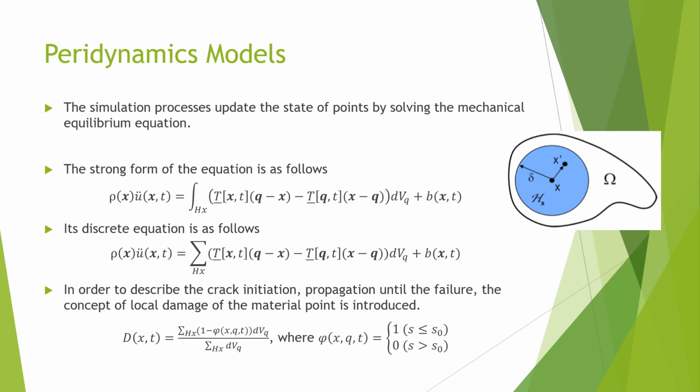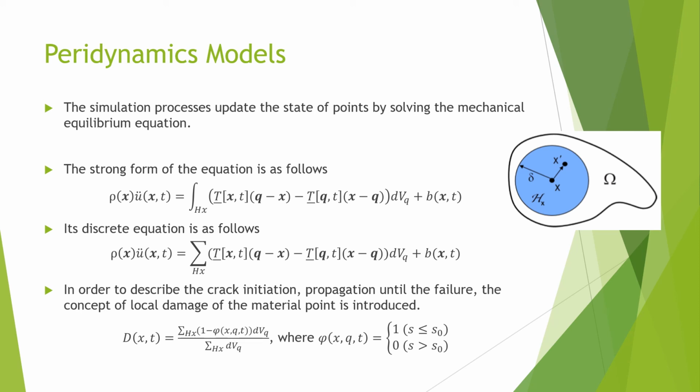In order to describe the crack initiation and propagation until the failure, the concept of local damage of the material point is introduced. Here D is the local damage, and phi denotes the bond damage flag.